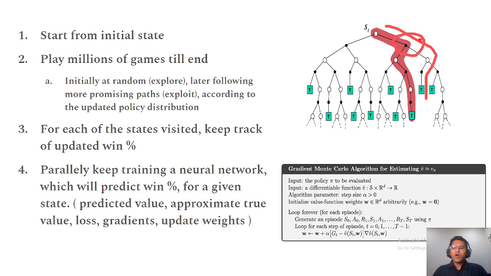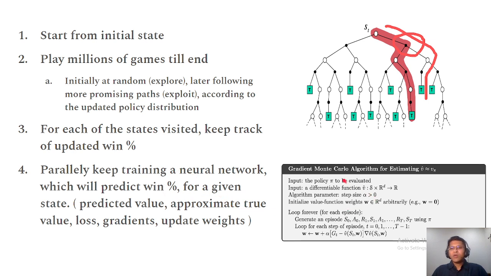So it is a kind of automated pruning of less promising paths and exploiting of the more promising paths. You make use of the updated policy distribution, keep playing games, collect training data for the more promising paths, and in parallel keep training the neural network.